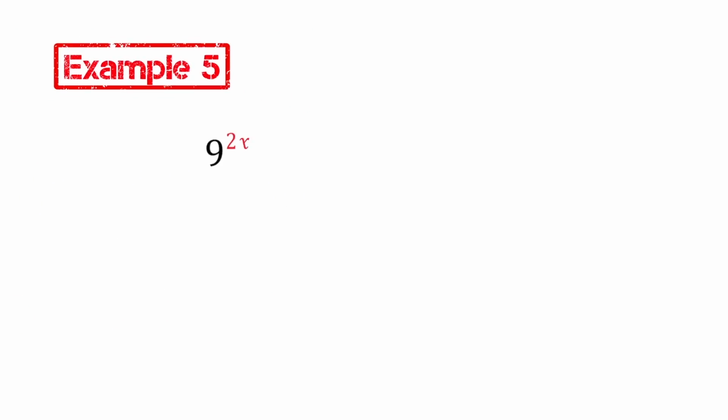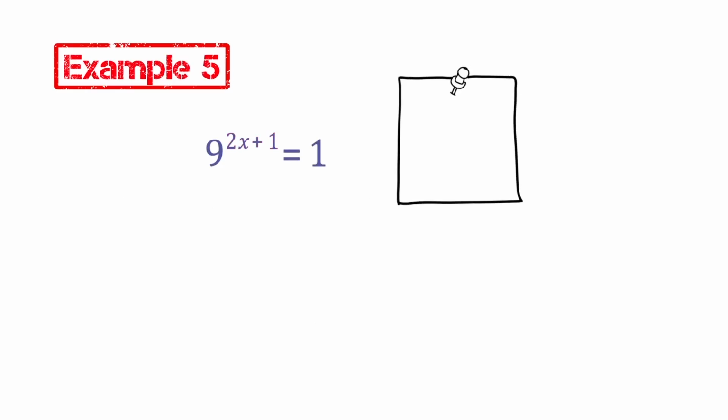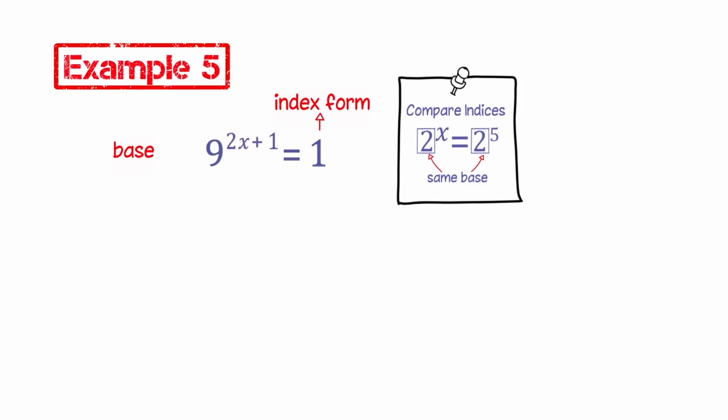Now, let's try one last example. We have 9 to the power of 2x plus 1 equals 1. We know that in order to compare the indices, the bases must be the same. Thus, we need to express 1 in index form, and the base must be 9. That is 9 to the power of 0.